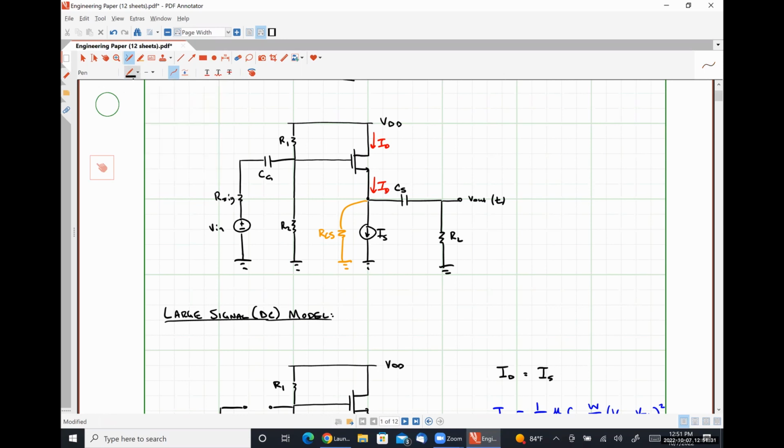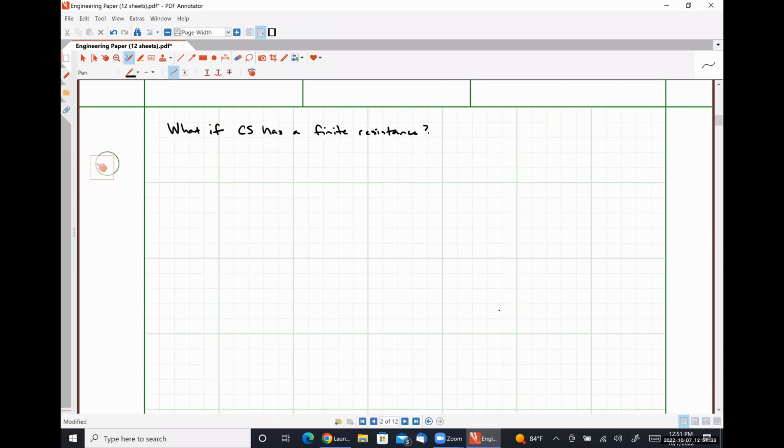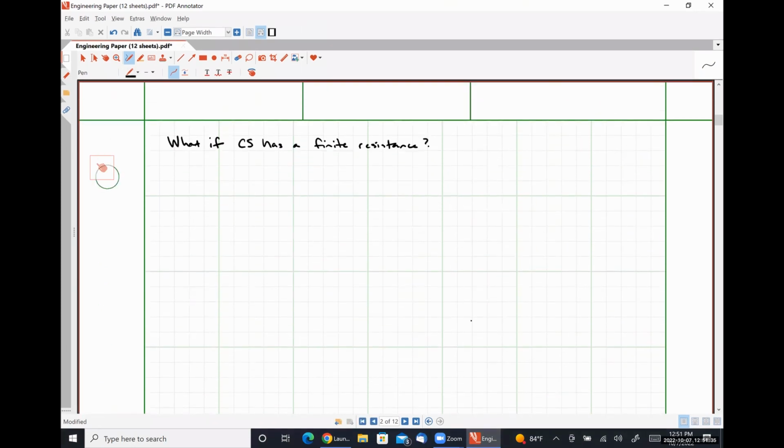So in our mathematical analysis, our gate voltage is going to be effectively the exact same thing as it was, VDD times R2 over R1 plus R2, because we haven't added any element on that side of the device, right?